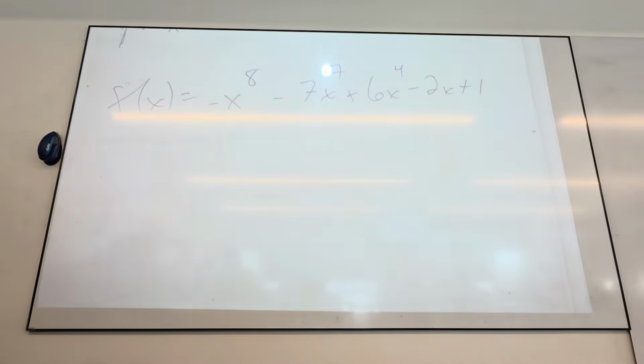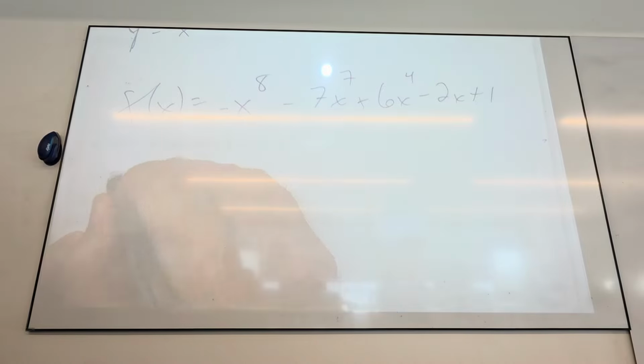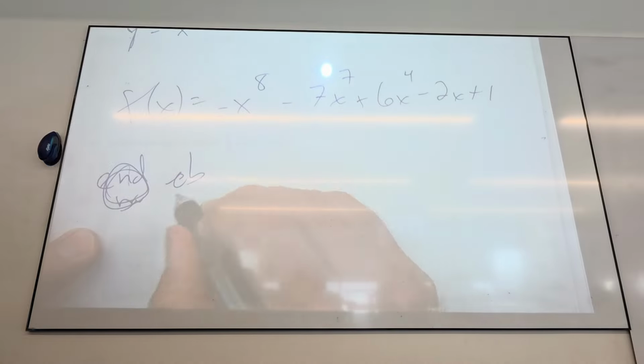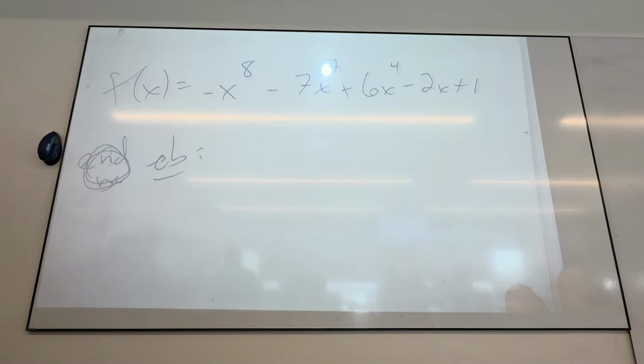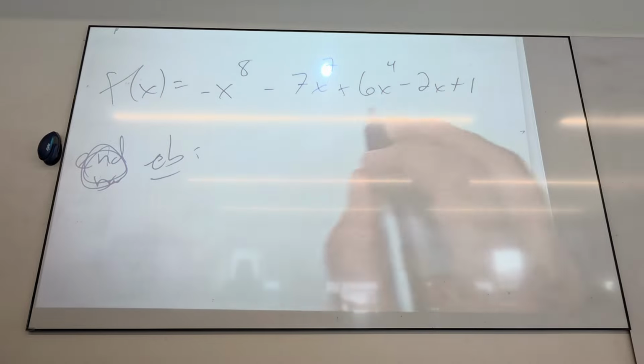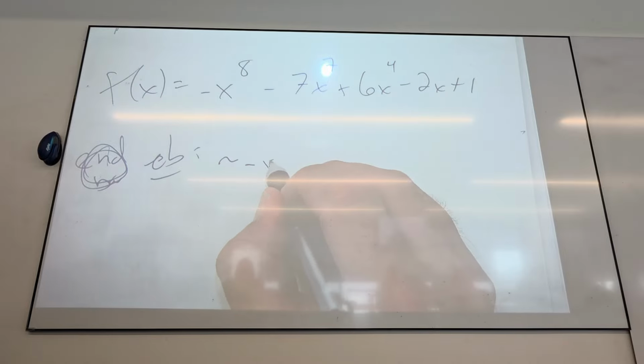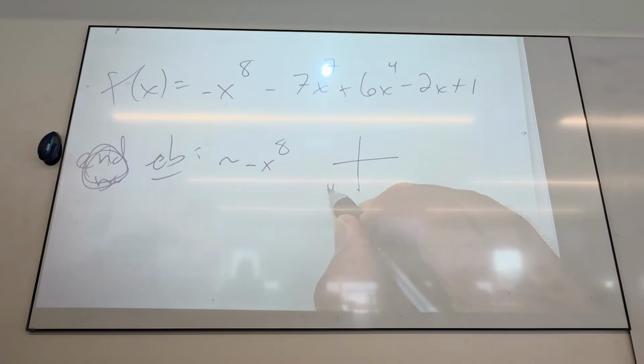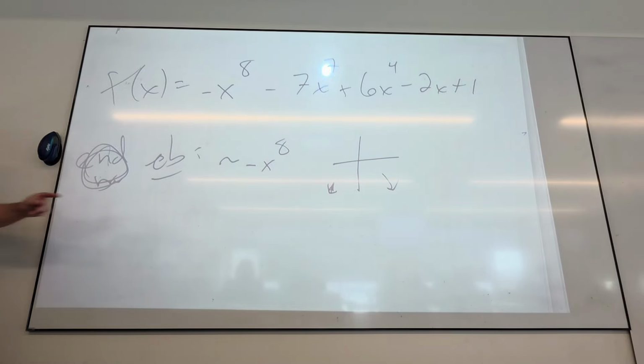So if I ask you for end behavior, I'm never going to write that out, so just get used to it. What I want to see from you when you get a problem like this is to say it goes like negative x to the 8th, and that looks like this on the ends. Why do you only graph the ends?